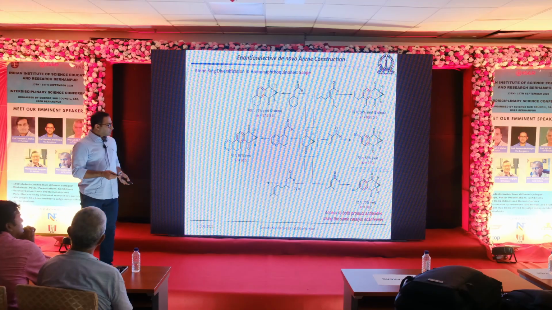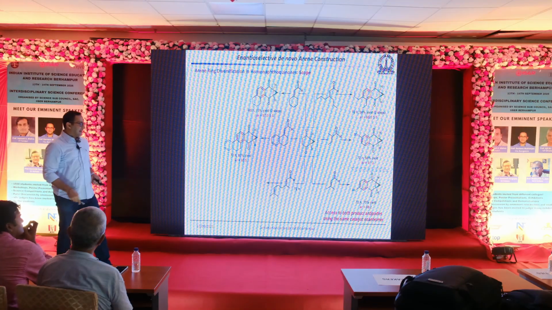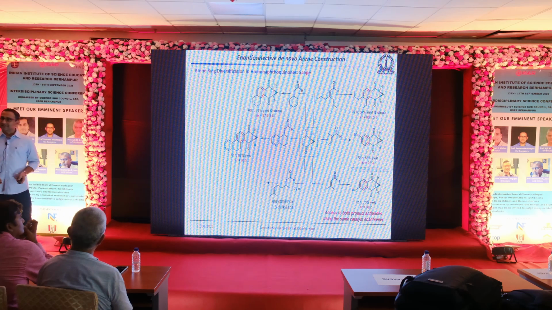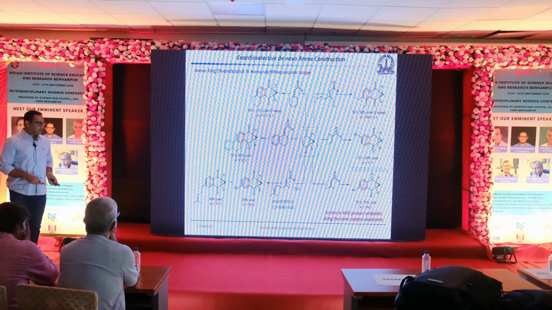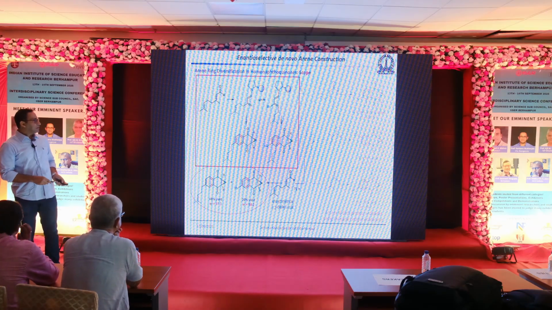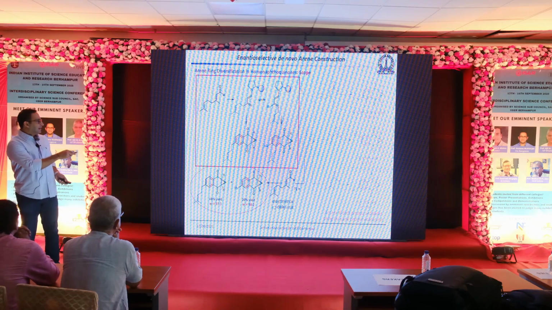We found some sort of a surprise when we used citral as a substrate in this case. We were expecting that we would get only this one, but instead we also got a little bit of this compound, and this is somewhat surprising because if you look at this molecule, you can form two different types of dienamine, and this one is giving the product we are observing.